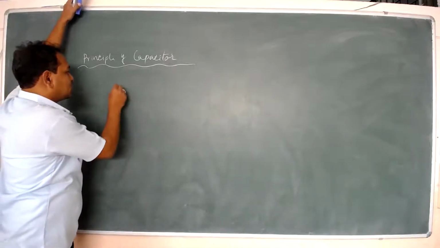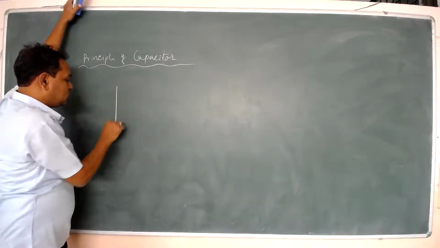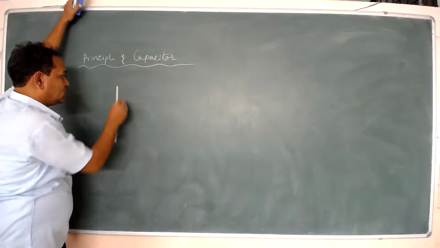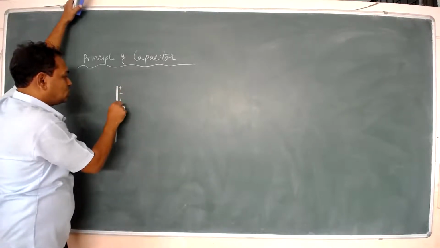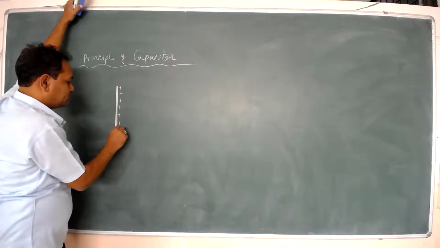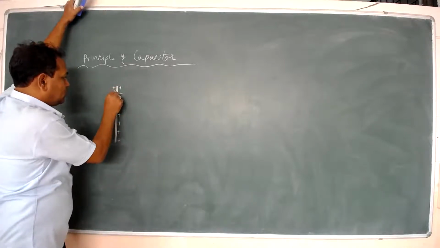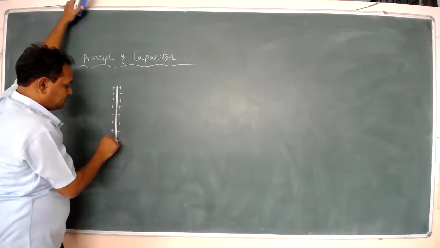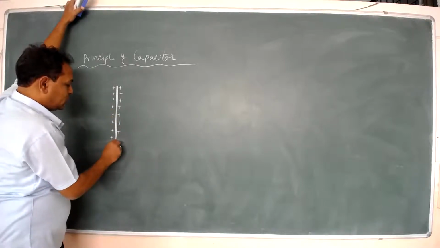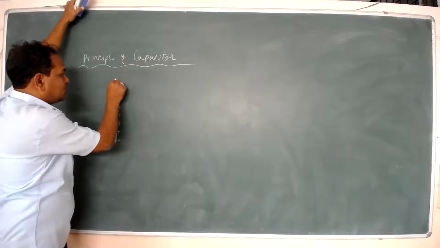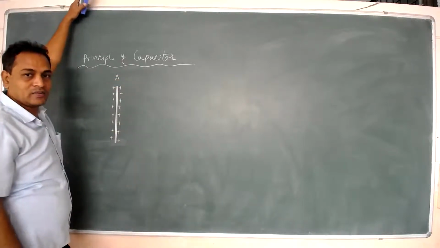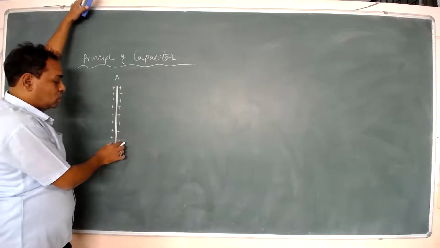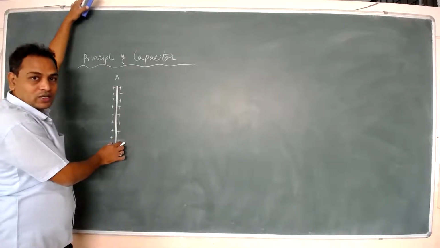Let us consider this is one conductor, a conductor of positive charge. I am calling it conductor A, a positively charged conductor.